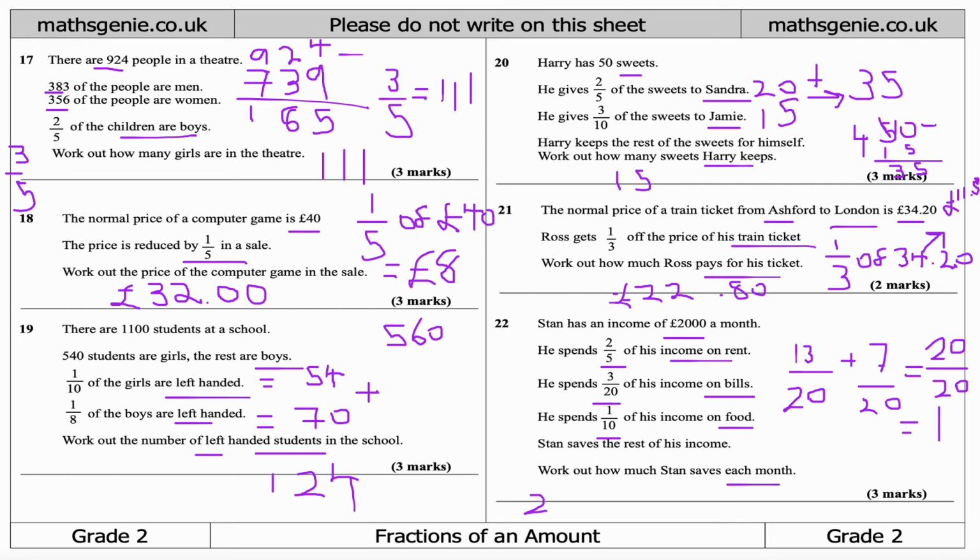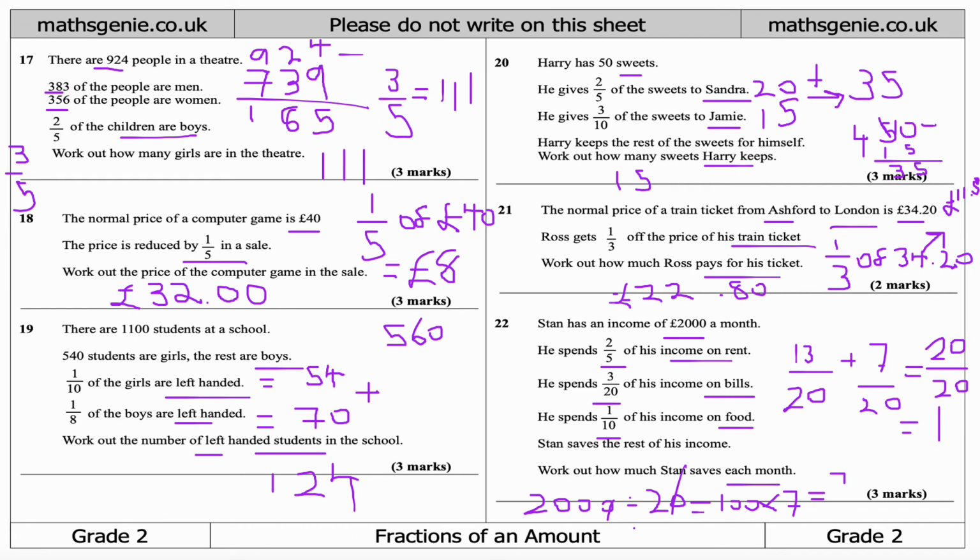So 2,000 divided by 20, take off a 0, take off a 0, a half of 200 is going to be 100, and then times that by 7 is going to be 700.